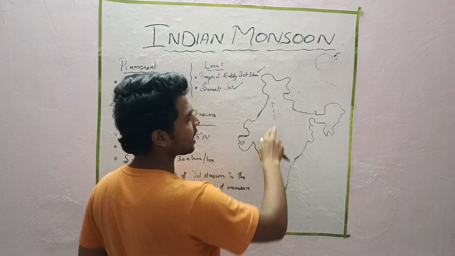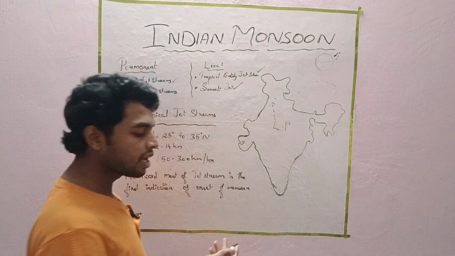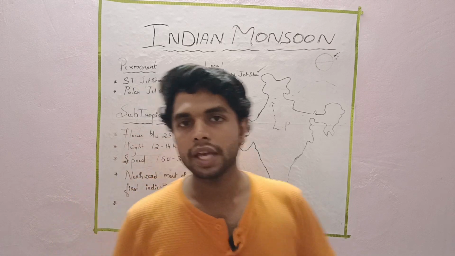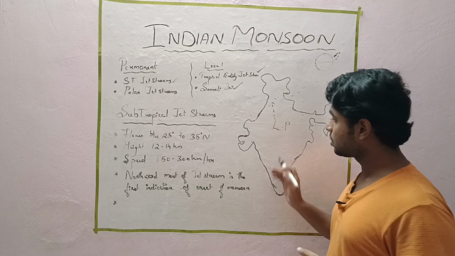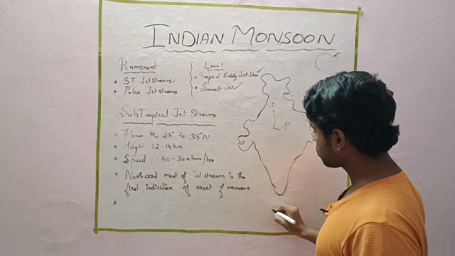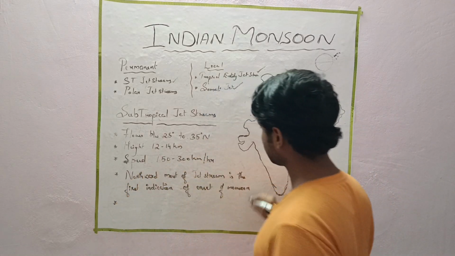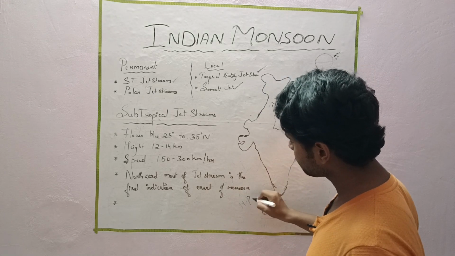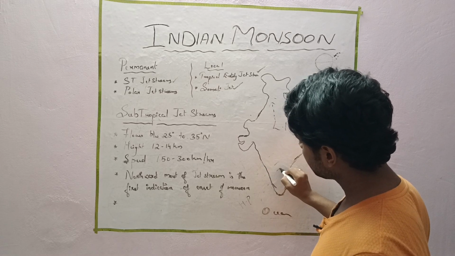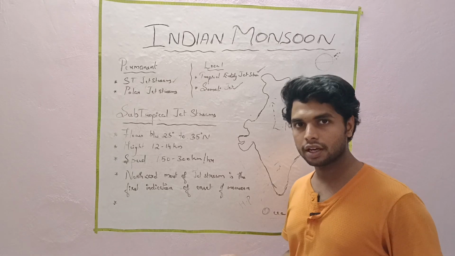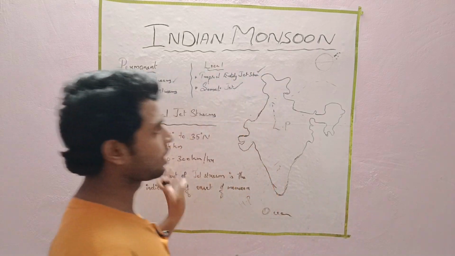So during this time, the Indian landmass will experience low pressure. We know here is the ocean part. So the ocean experiences high pressure, and that's why rainfall will happen throughout India. Clear about the jet stream, how the subtropical jet stream affects the Indian monsoon?